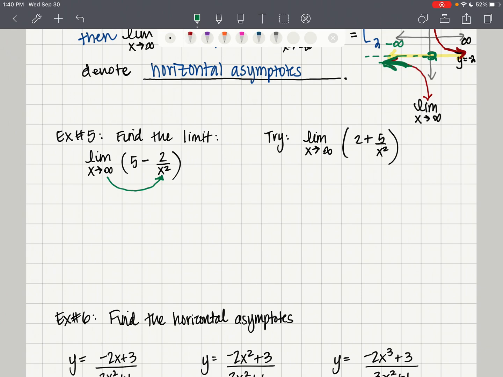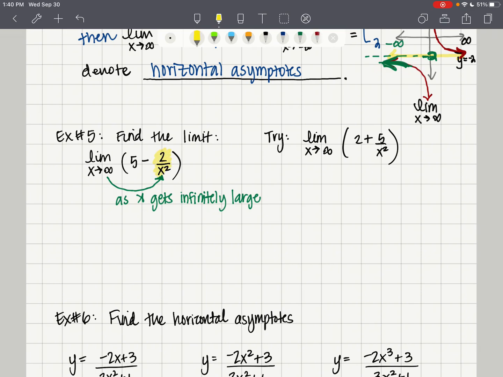But we can say as x gets infinitely large, so we can imagine what's going to happen as x gets infinitely large. The larger x becomes, the more insignificant this fraction is going to be.